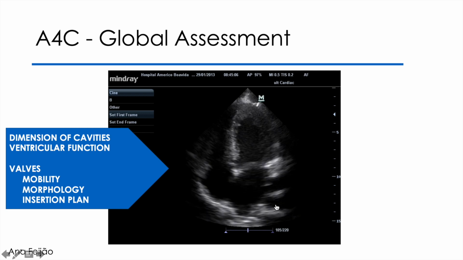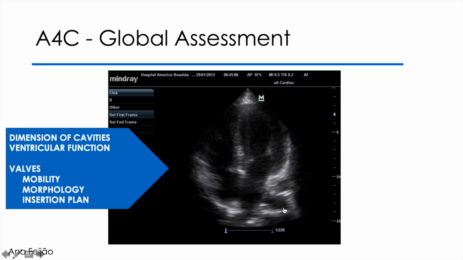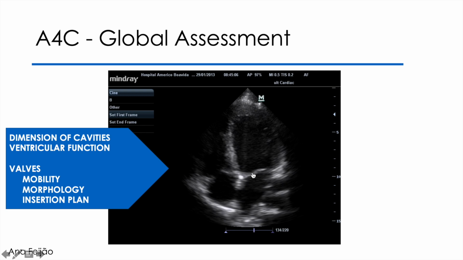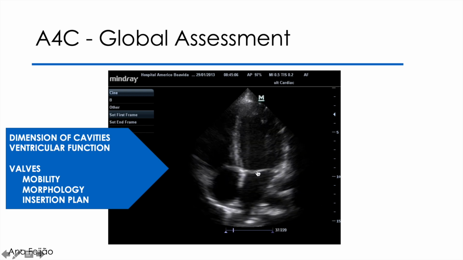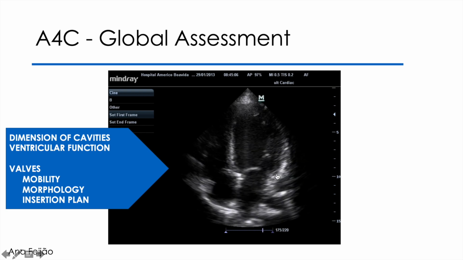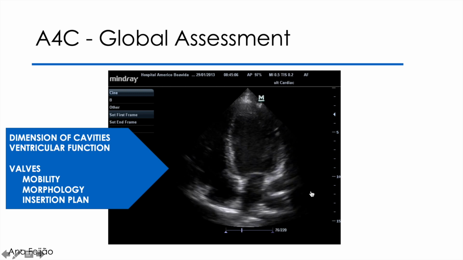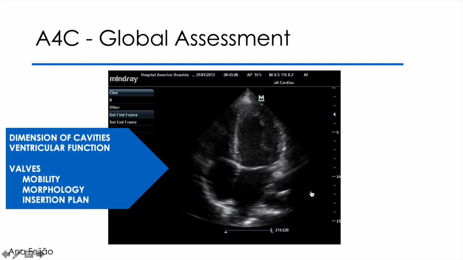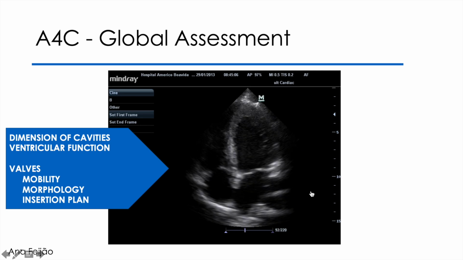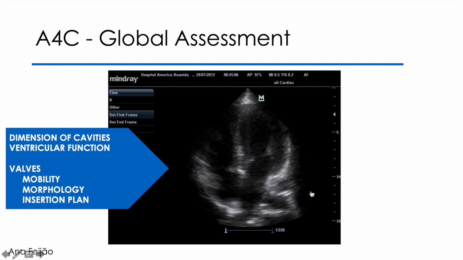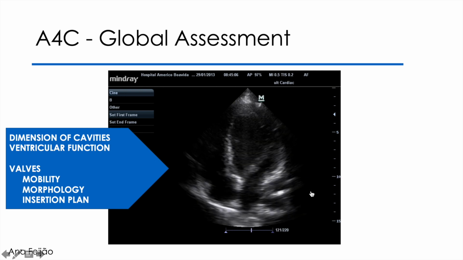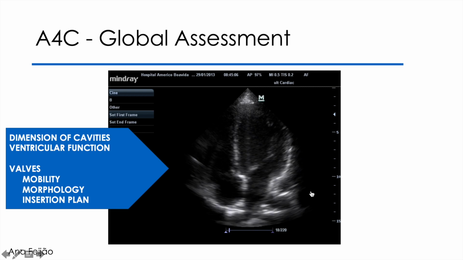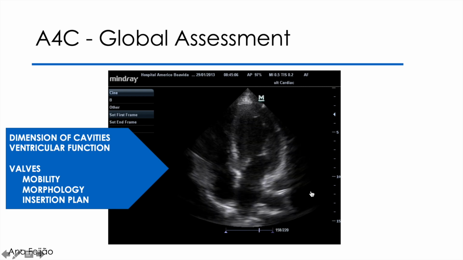Attention, it is not a good incidence to evaluate the systolic behavior of the position of the mitral leaflets. Do you remember talking about the importance of evaluating whether or not the mitral valve leaflets pass the valve plane? This verification must be done in views other than the apical four-chamber view.